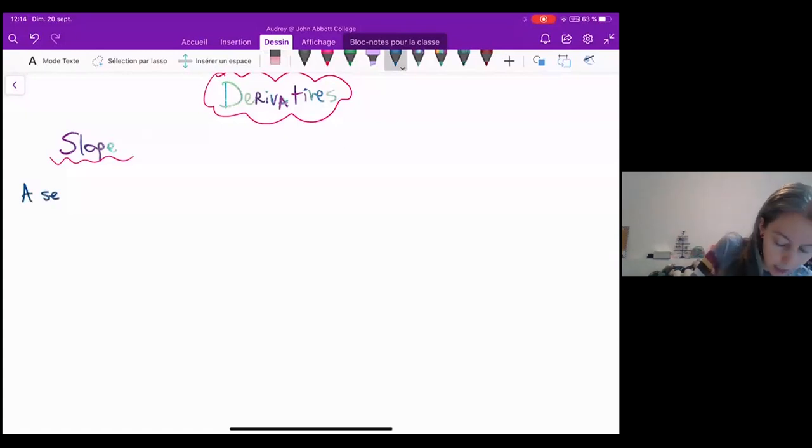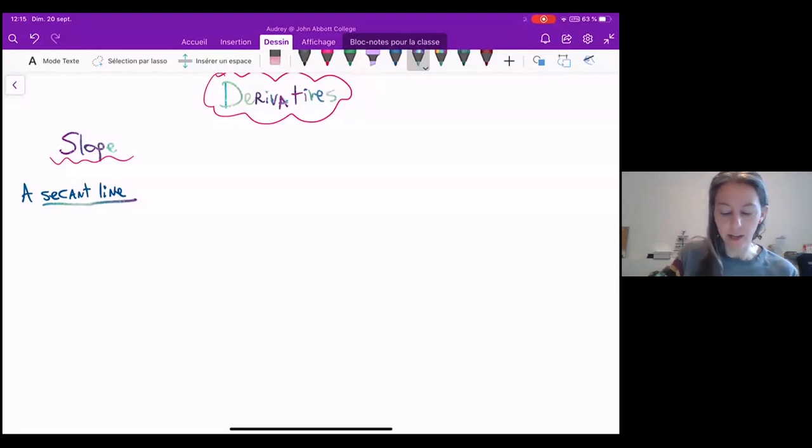So a secant line is a line that bisects a curve at two different points.